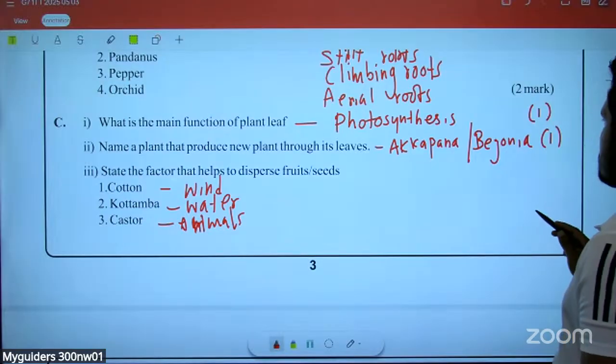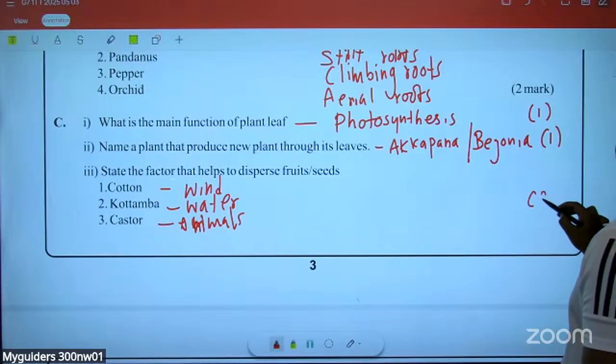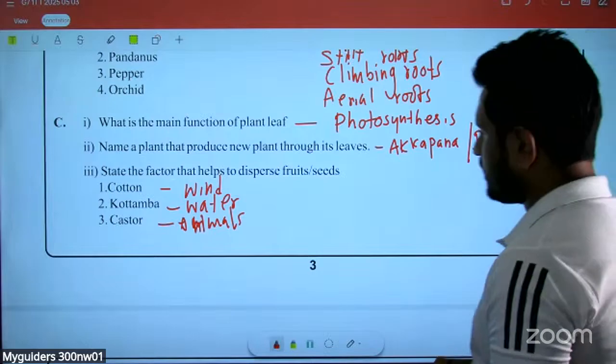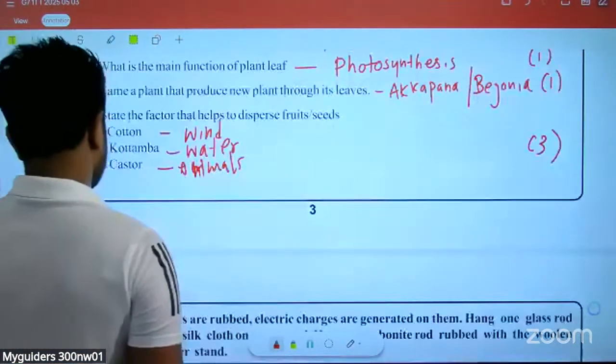Three marks. එතකොට 11, 13, 14. මේකට 3 දාගන්නකො. හරි. Okay. Now you can count your marks. Marks එක count කරගන්න පුළුවන්.